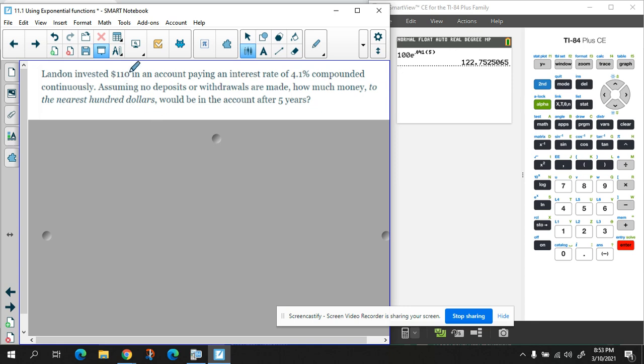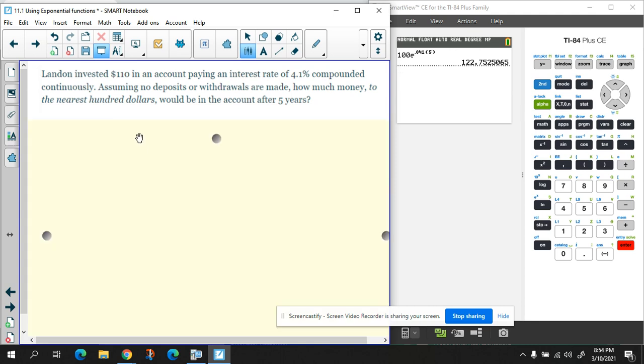Landon invested $110 in an account paying an interest rate of 4.1%. Notice compounded continuously. So in these problems, we're going to go back to which of the 4 formulas do you think we should be using? Since it said compounded continuously, you're going to be using amount is equal to principal times that special value E raised up to the rate times time.